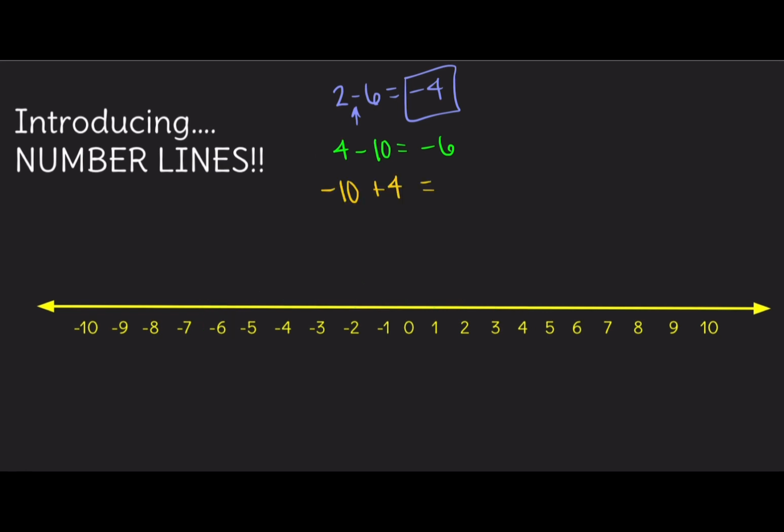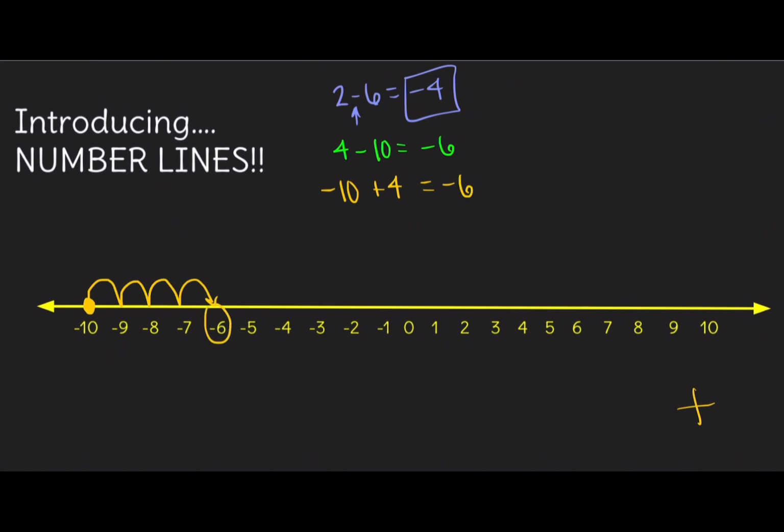We also could have a negative number in front, so let's look at what that would be. We would have -10 first. Okay, that means we're starting way over here at -10. And now we're adding, so adding is going to be going this way. So we're going to jump 4 times to the right, and then the answer is right here at -6.